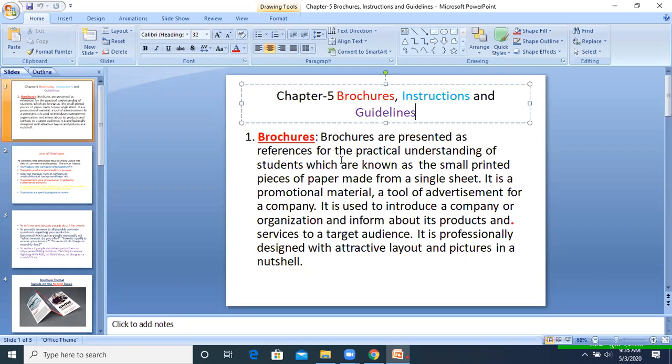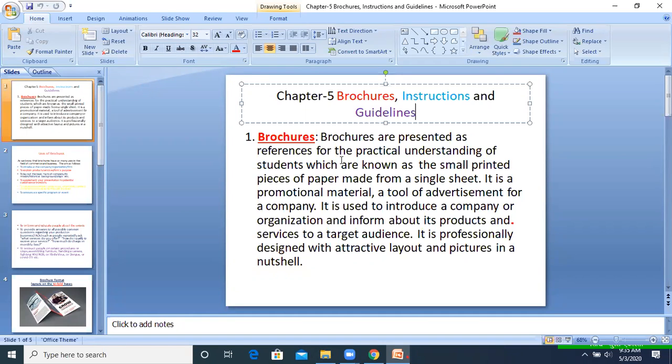We discussed that in the previous class theoretically. Here in this class, in chapter 5, we discuss the brochure practically, in our practical life.